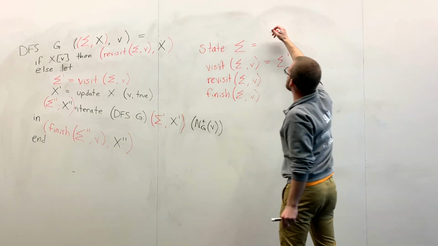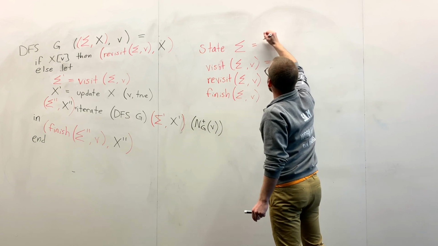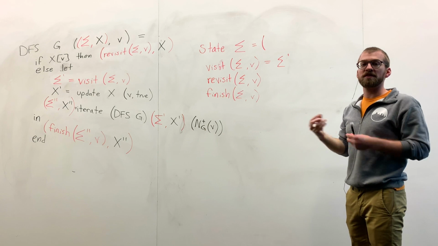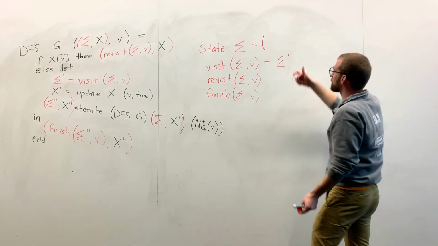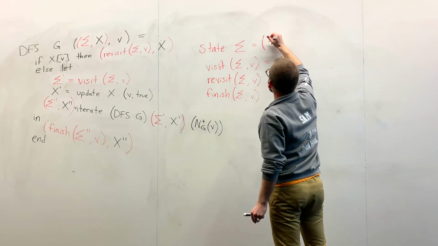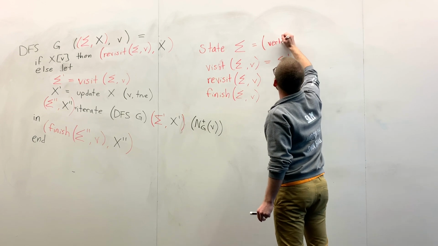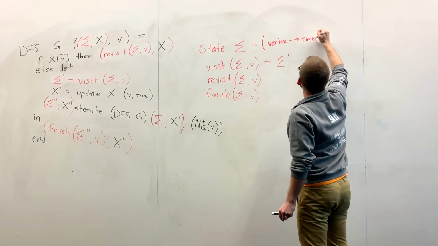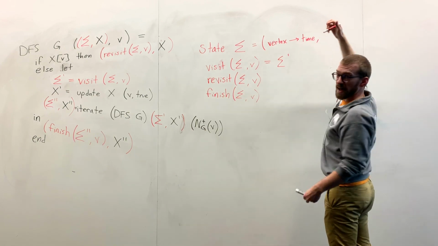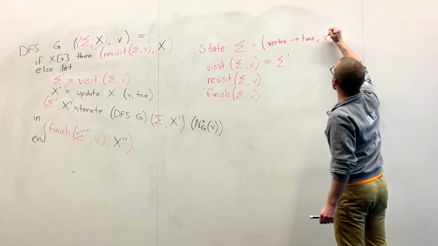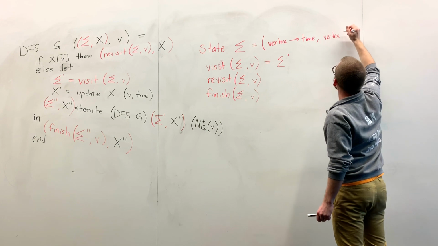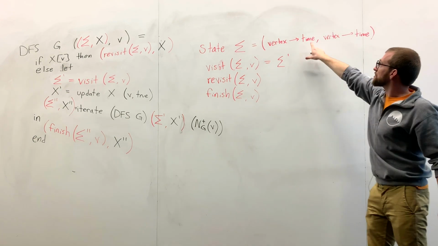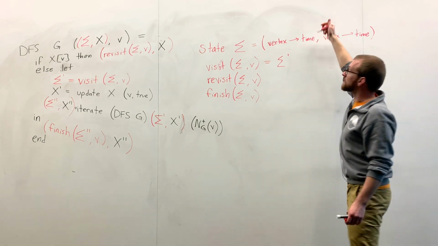One of them is going to be a lookup table for the discover time, and one of them is going to be a lookup table for the finish time. So both of these are going to be mappings of vertices to times. And we just have two of them. And we'll just implement times as integers.